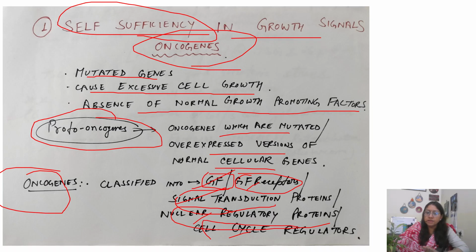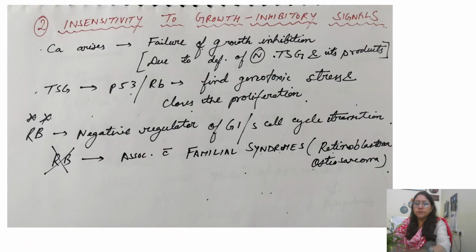Then cell cycle regulators like your cyclin is associated with your multiple myeloma, mantle cell lymphoma. So there are many examples of these oncogenes. So they are basically classified into these categories. You have to remember कि कौन सा inhibition कहाँ हो रहा है. So growth factor receptor, signal transduction protein, nuclear regulatory proteins and cell cycle regulator. So इनके examples I have told you.